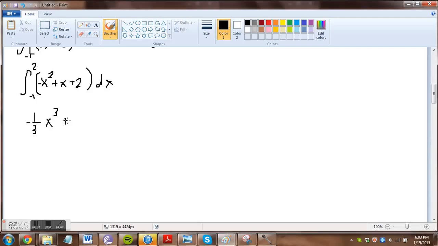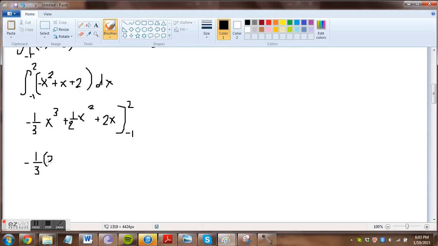And then we can take the integral and we get -1/3 x cubed plus 1/2 x squared plus 2x, evaluated at -1 and 2.